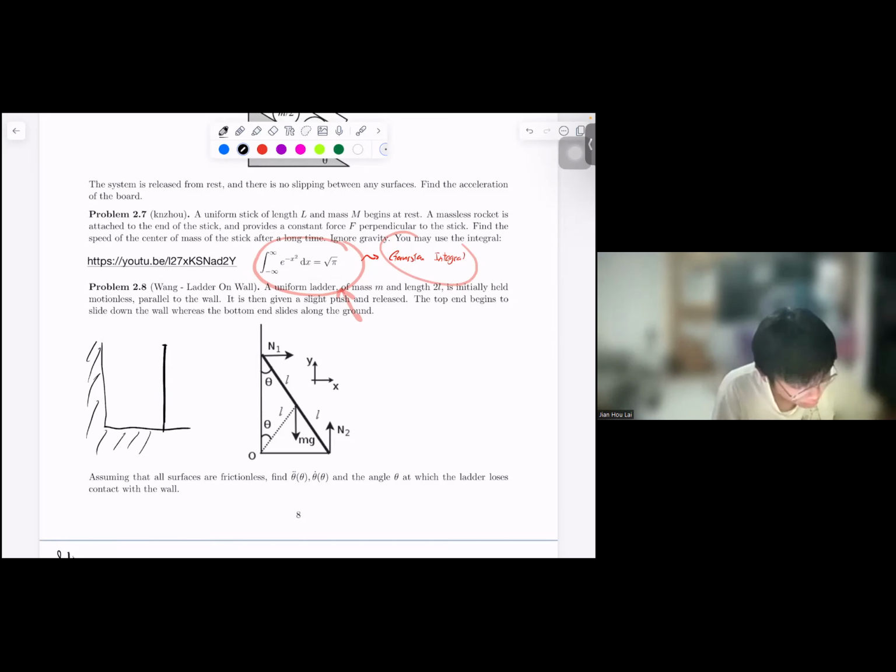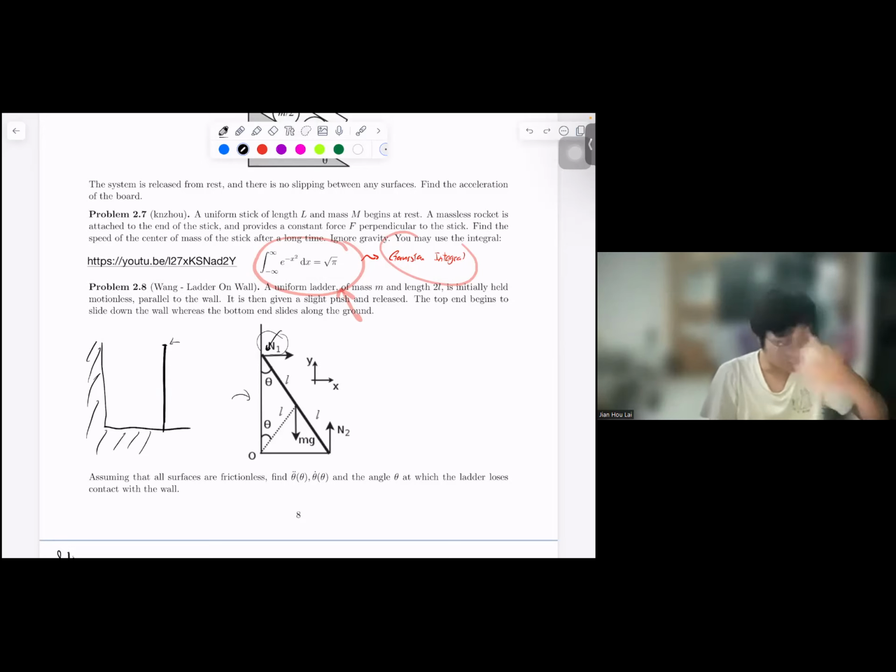Initially it is motionless, and you try to apply some forces, push it slightly, and then it will fall down, right? But then it's not in equilibrium, which is what we are happy to see in this problem, where we try to analyze what N1 and N2 are. It will be a very easy problem.